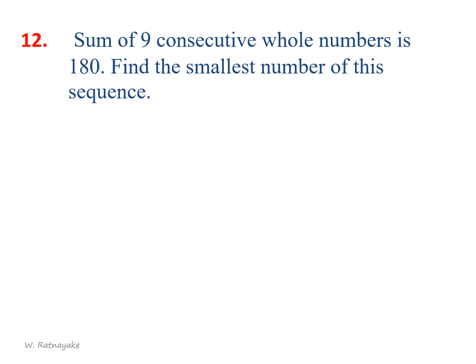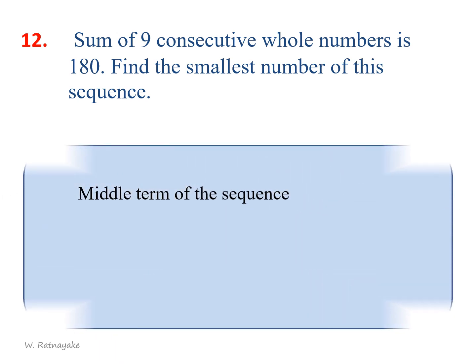The special shortcut is, if you know the middle term of a set of terms in which an odd number of terms are included, then to find the sum of the progression, we can multiply the number of terms by the middle term.